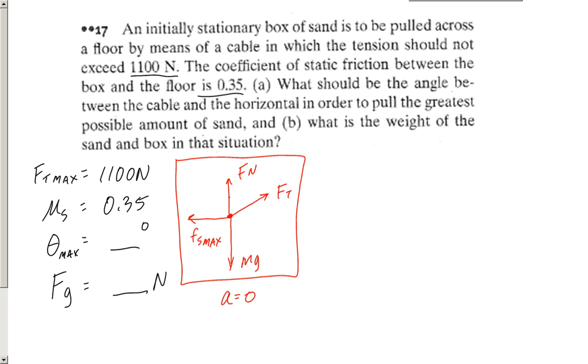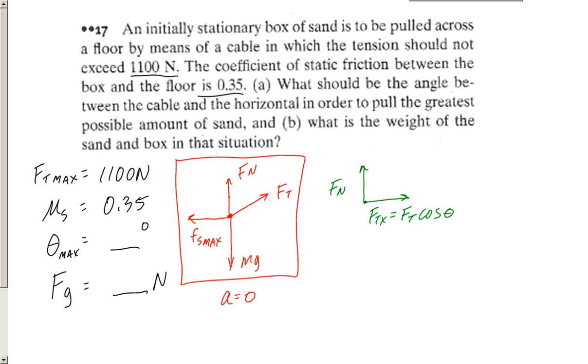Okay, next thing we need to do is to modify this diagram to make it a little bit more useful. So what we're going to have here, the tension x component, this would be FTx, which we could also call FT cosine theta. And then the normal force would be the one that we drew.